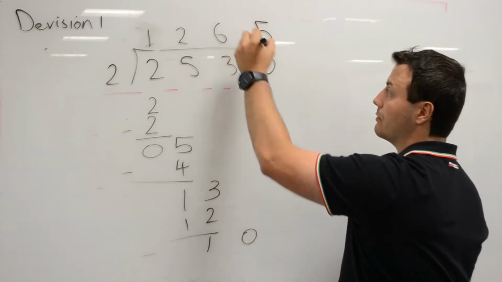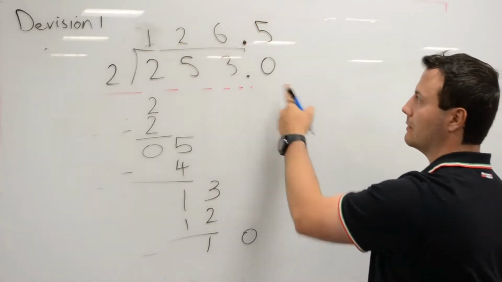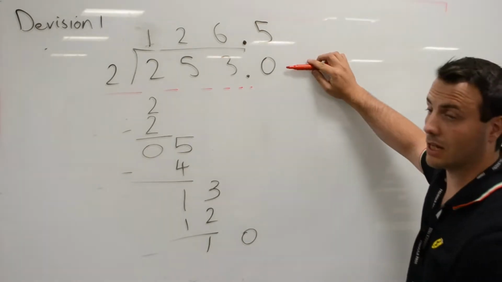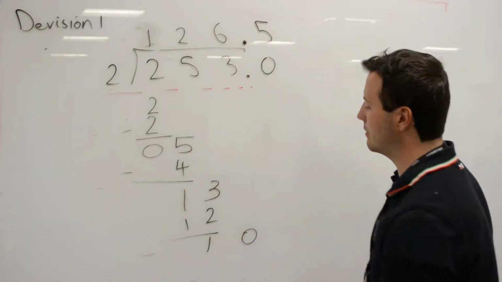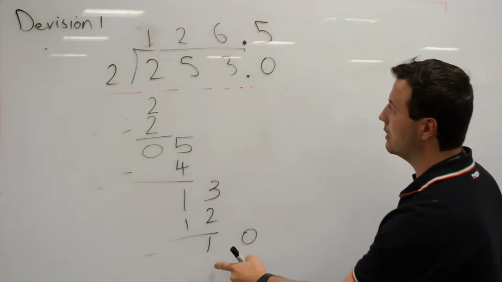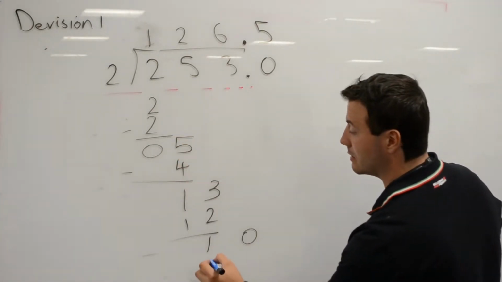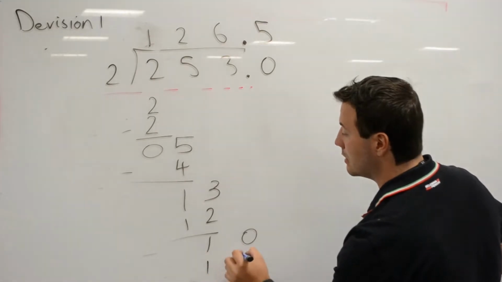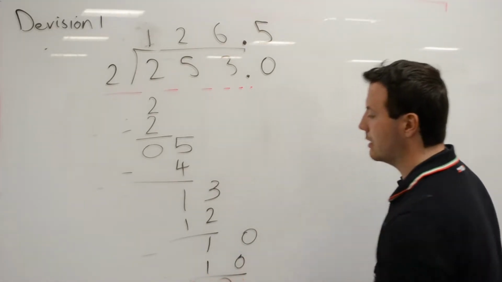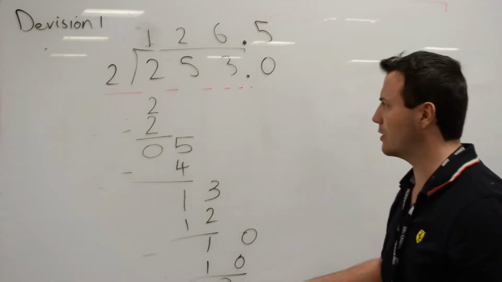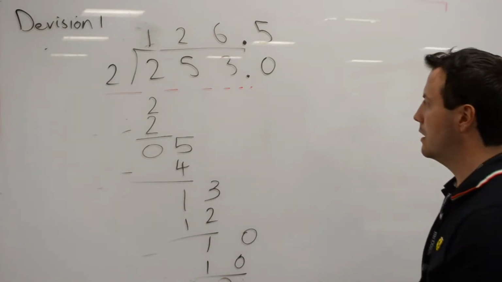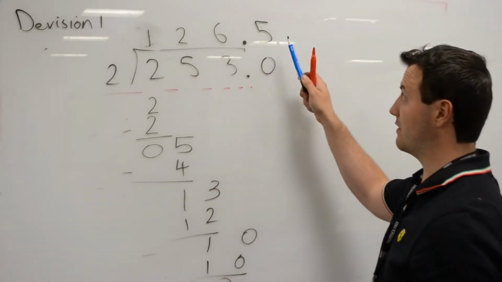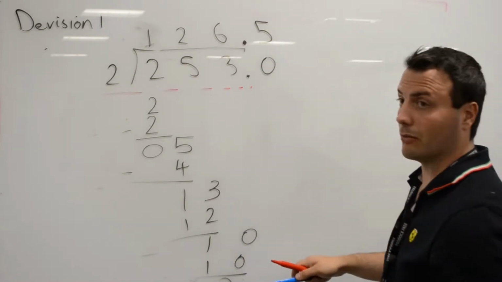Remembering the decimal point, because we've now moved into the decimals here, your answer and your target number should always line up with each other, so the decimal point should have the same vertical orientation. So 2 fits into 10 5 times, and that gives us 0. And there you go, there's our answer. So this question answered neatly because it finished with 5 with no remainder.